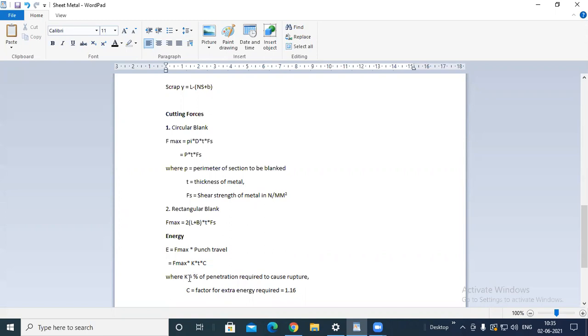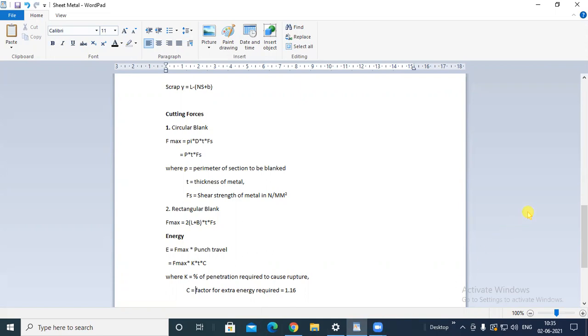Okay, this is the percentage of penetration which is required to cause fracture. C is the factor for extra energy required, and its value is equal to 1.16. Okay, so these are the formulas which we have seen today.